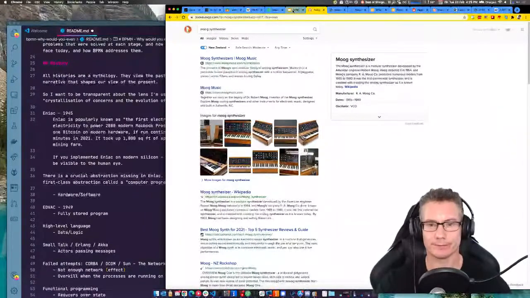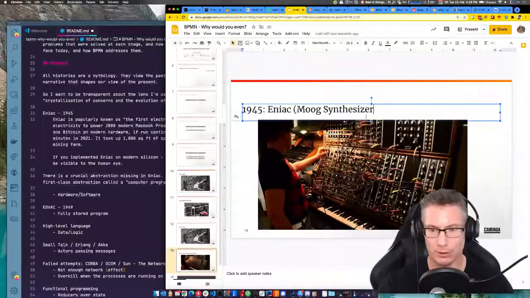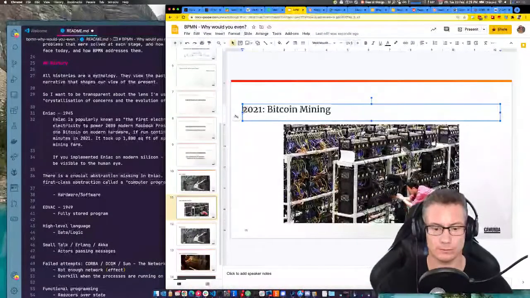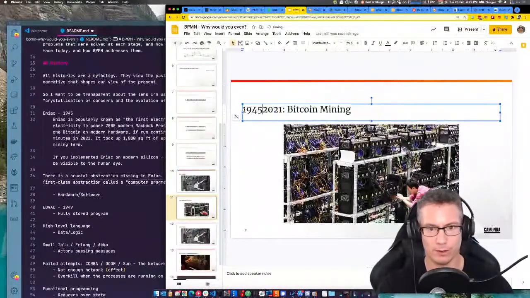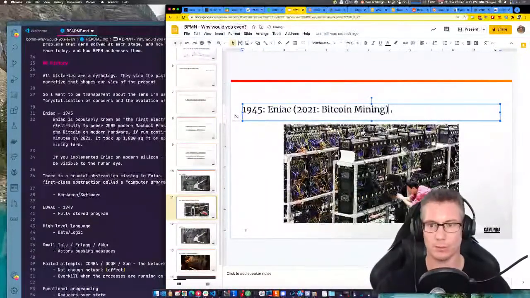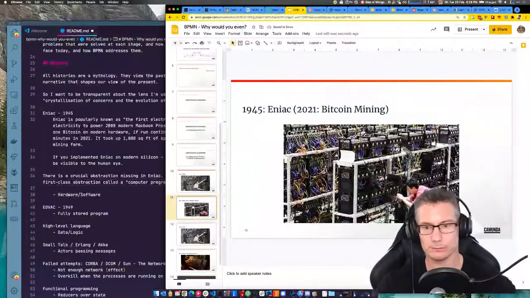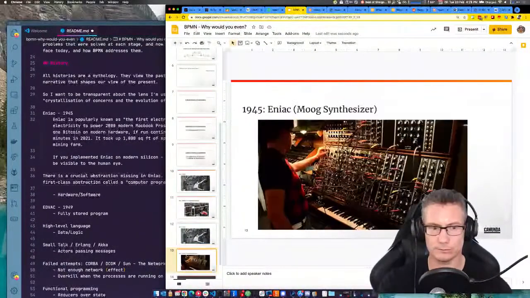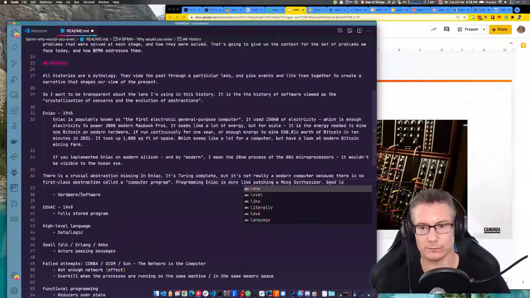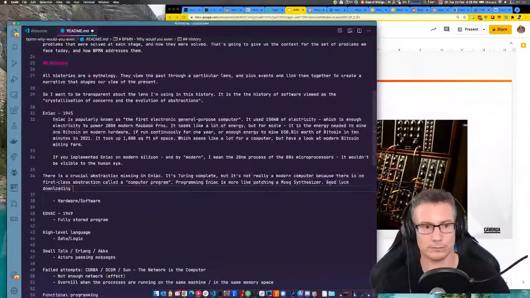Okay, whatever. Good luck downloading that as a patch. So here we'll go 1945 ENIAC, and then this is 2021 Bitcoin mining. Saving it to a backup.